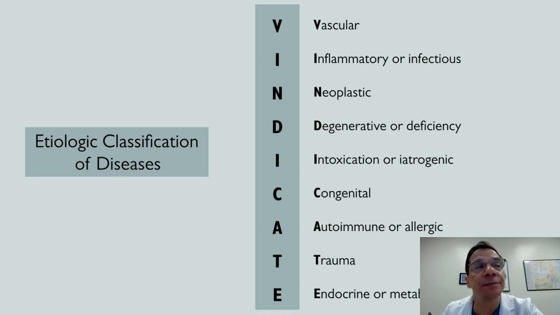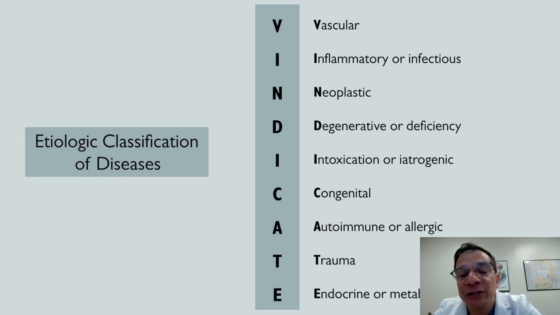There are conditions, some nutritional deficiencies or some diseases that occur as a result of age, that, for example, may lead to problems in the aorta or in the heart.